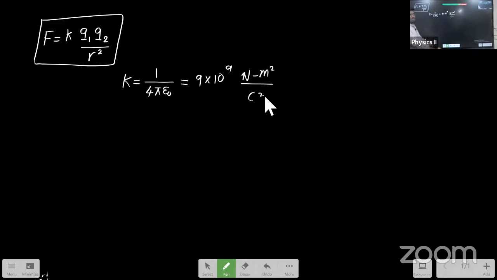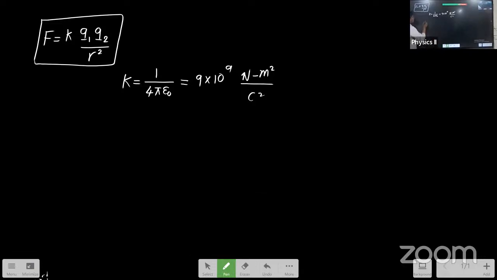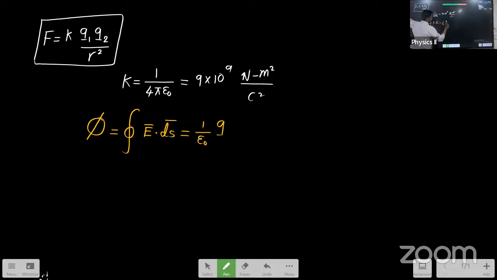Further, we discussed Gauss law. I hope everyone remembers the formula for Gauss law. What was the equation? Total electric flux phi is equal to closed integral E bar dot ds bar is equal to 1 by epsilon naught q net.